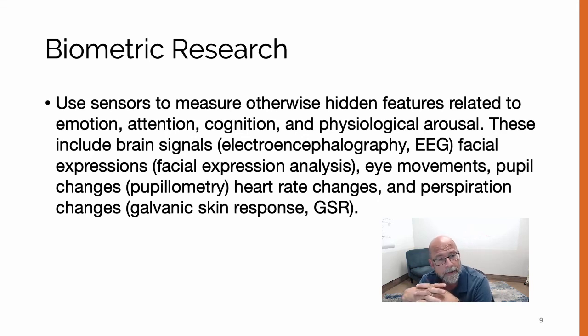You cannot, on the other hand, easily fake biometric measures. So these use sensors to measure hidden features related to things like emotion, attention, cognition, all kinds of physiological arousal. So these might include brain signals, facial expressions, eye movements, changes in your pupil, heart rate, galvanic skin, and we'll talk about all of those kinds of things.